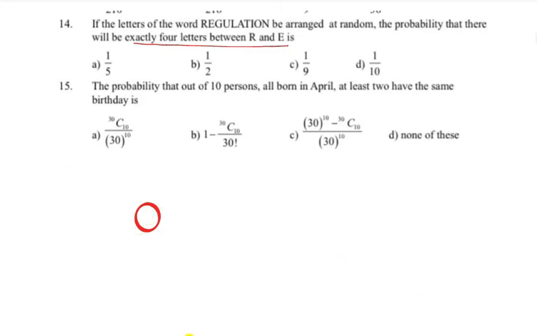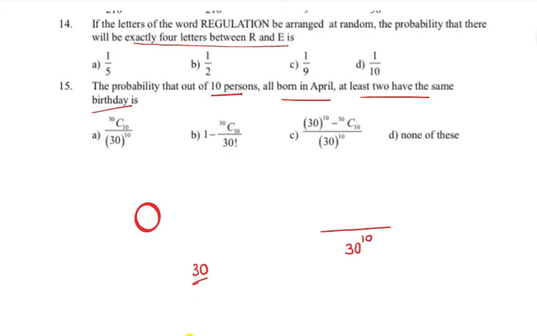He is saying, the probability that out of 10 persons all born in April, at least 2 have the same birthday. Okay, so total 10 persons are there. The first person has 30 options because the month of April consists of 30 days. The first person has 30 options, the second person also 30 options. Every person has 30 options.